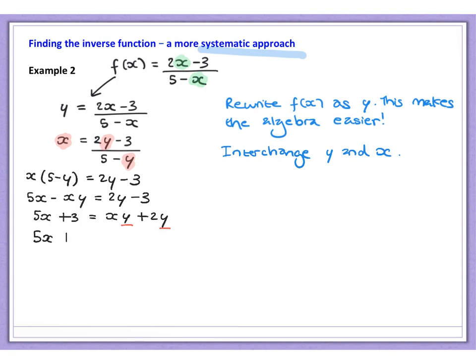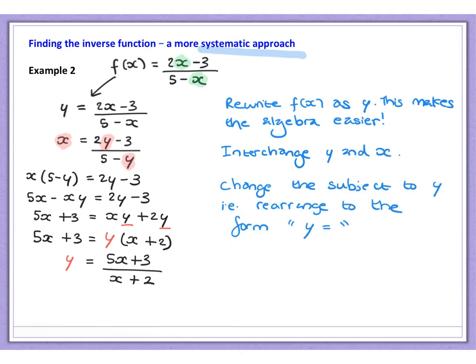So 5x plus 3 is equal to y bracket x plus 2. And then finally, the last step of this is to divide through by x plus 2. So we have y equals (5x plus 3) over (x plus 2).